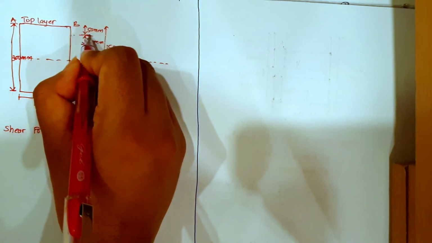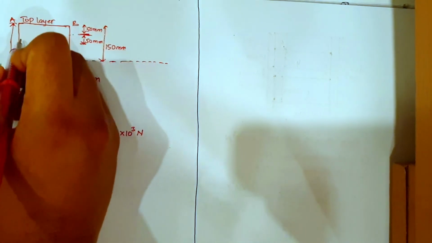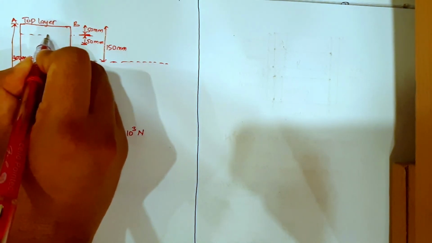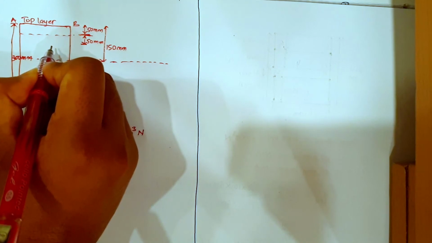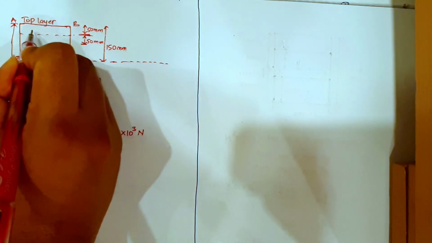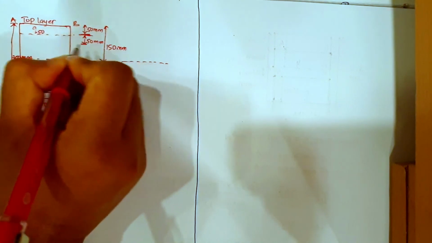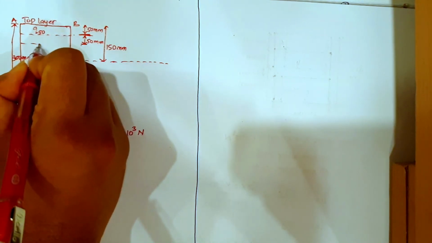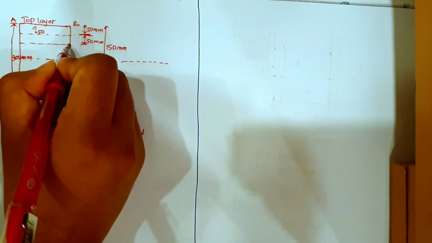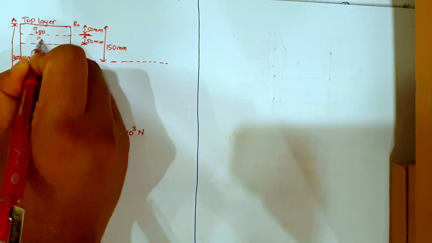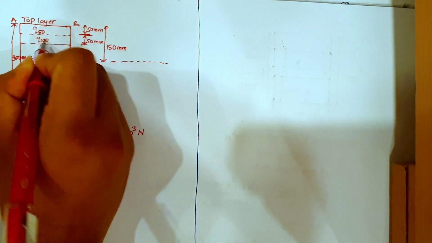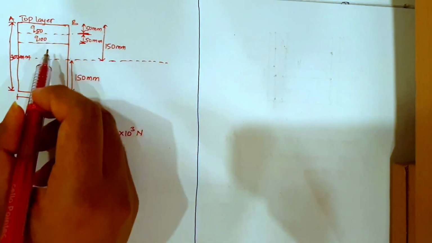So I need to find it at this point 1, next here. Let me mark it here, 1. I need to find it here, right? Second here it will be Q50. So at this point from top till this layer it will be Q100, at 100 mm.